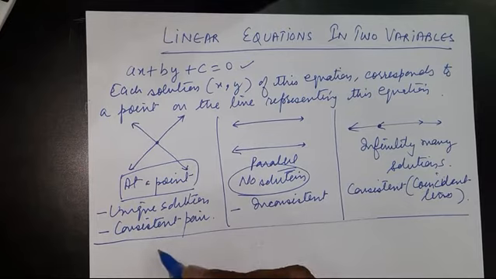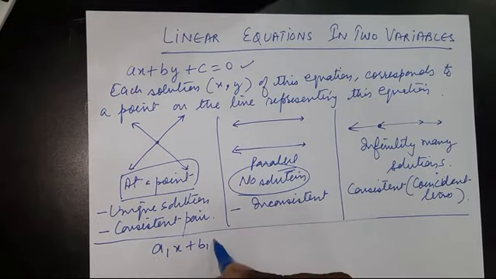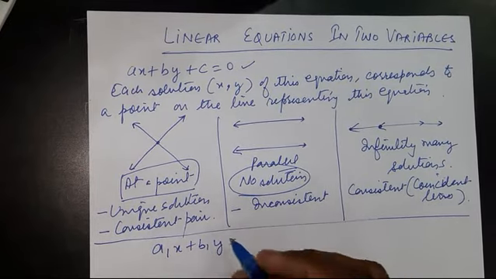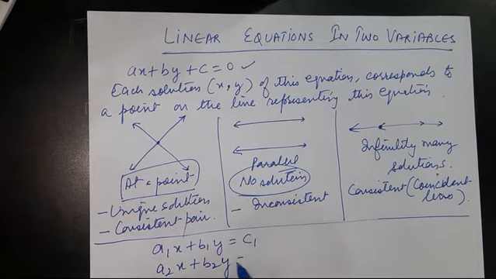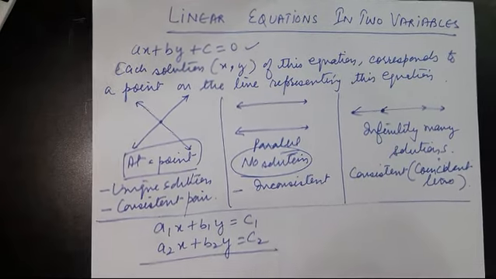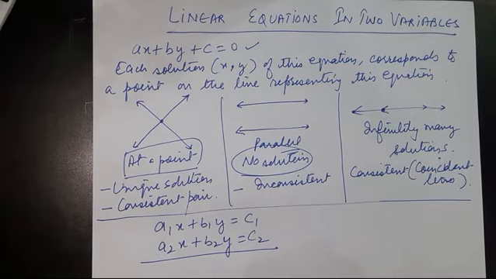Let us suppose we are having an equation like this. The second equation is like this. These are two linear equations. x and y are variables, others are constants.